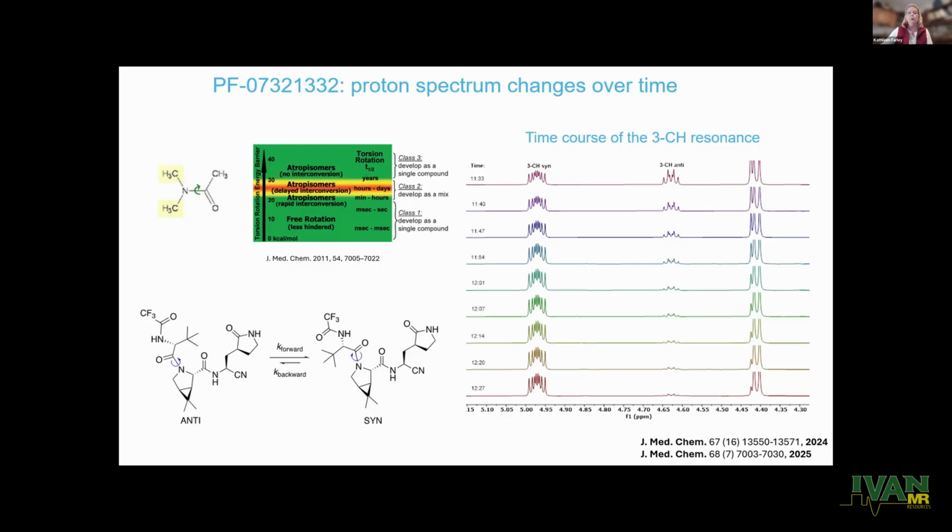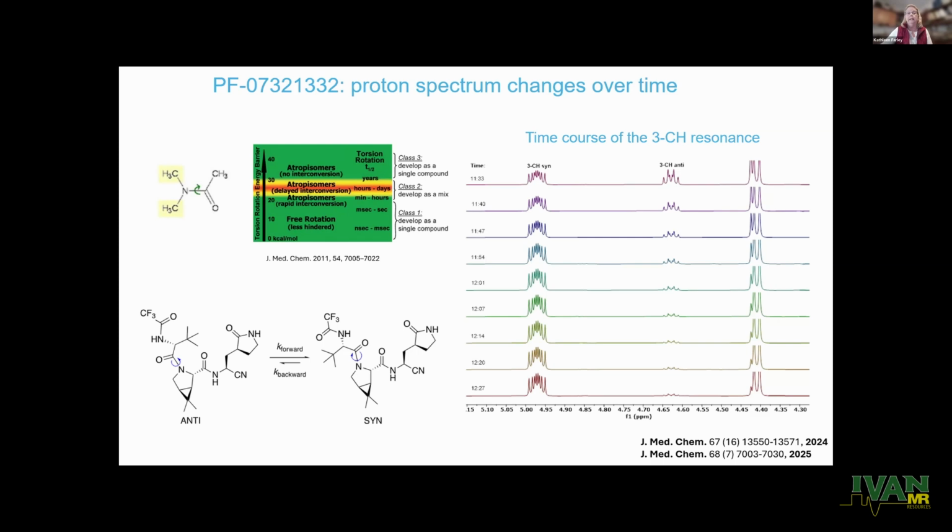So we could do the time course, and this becomes very important in pharmaceutical development because most project teams will tell you that they like to develop class 1 molecules where you have free rotation, or class 3 where the rotation is so slow it literally takes years for it to rotate. So it's like you have a single compound.